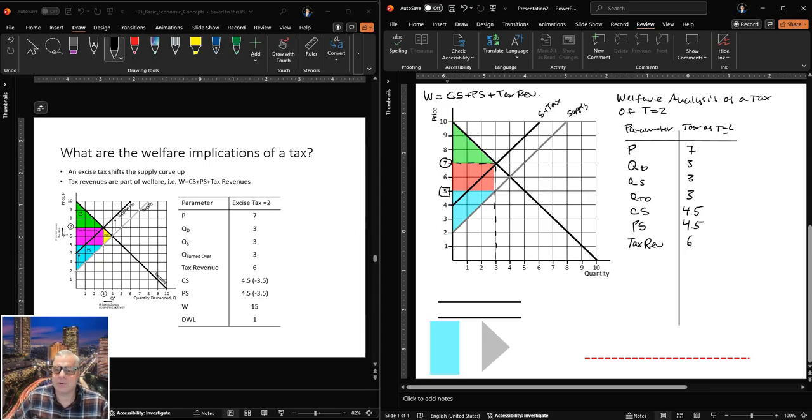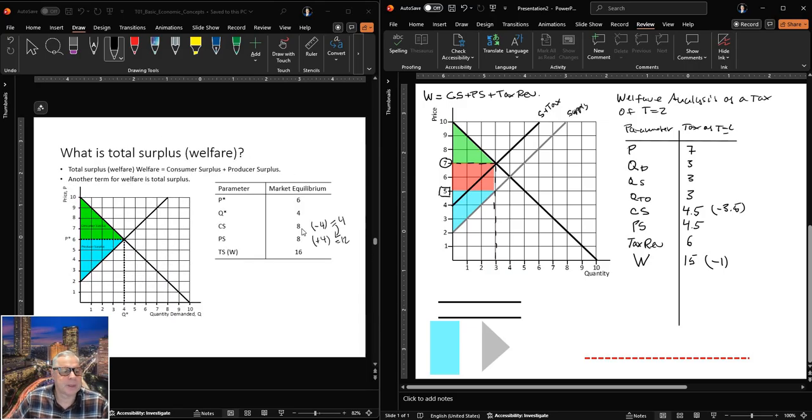So now, how big is welfare? So welfare is now 15. And that's a loss of 1. And here we can say, okay, consumer surplus, each one lost 3.5 relative to the market equilibrium. You still remember in the market equilibrium, it was always 8 and 8.